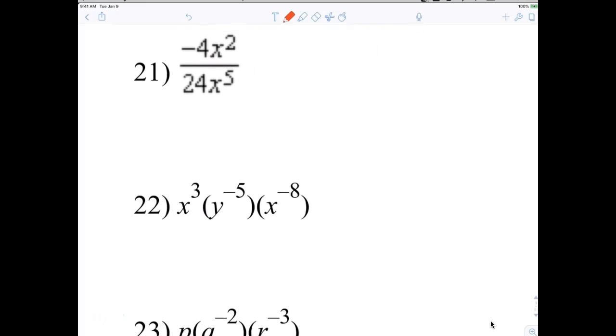Next. 21, Miss Bragdon. Now, I'll ask everybody to reduce the fraction first.